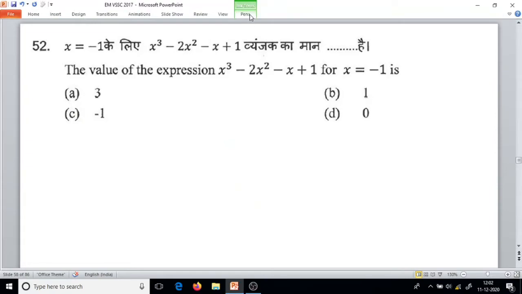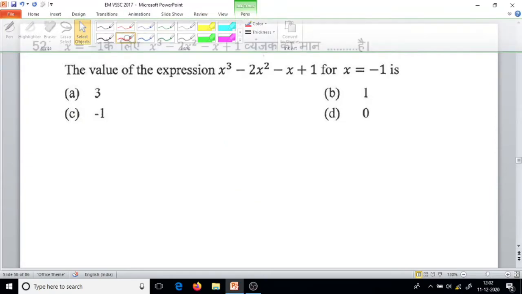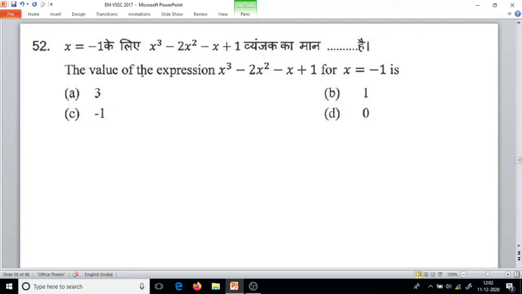Next question. The value of the expression. We have one expression: x cube minus 2x square minus x plus 1.